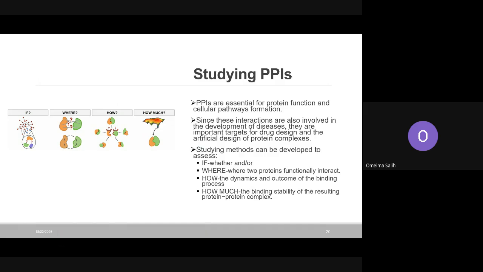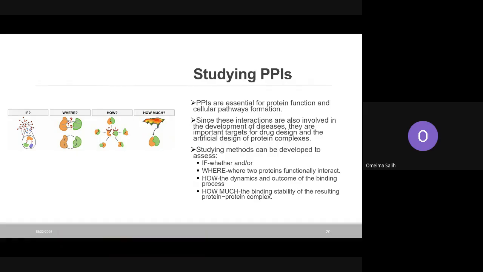And the second assessment, where does this interaction take place? Is it in the nucleus? Is it in the cytoplasm? Is it in the endoplasmic reticulum? Or maybe it's in a prokaryotic cell? And you need to know if it's in the chromosome. Where does it take place, and with which protein? The other question you need to ask is how does this interaction take place? Is it through covalent bonding? If it's non-covalent, what type of non-covalent?